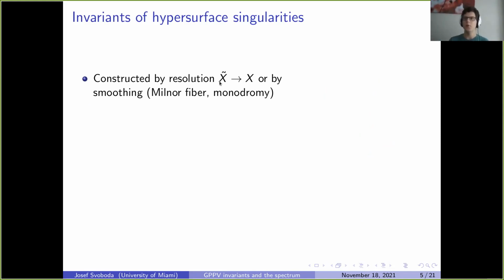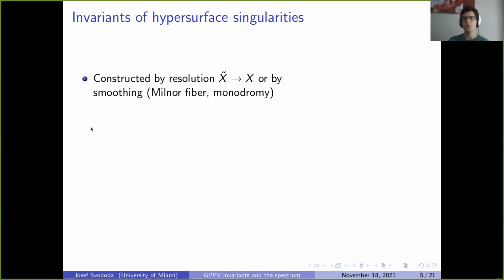This is a non-singular surface such that it is isomorphic to X everywhere except over the singular point. Over the singular point, you have, say, a bunch of curves or a bunch of hypersurfaces, but everywhere else it is an isomorphism. So this is another way to get invariants.